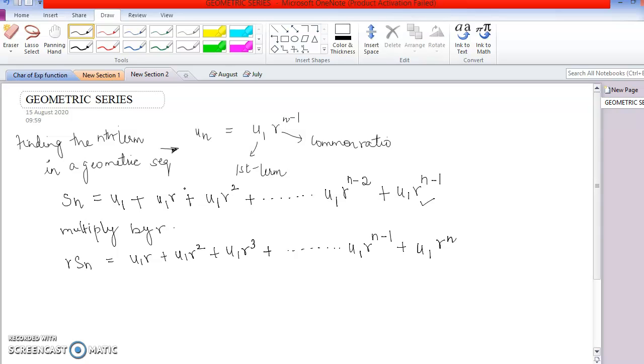Now, these are two equations that I have. This is my first equation and this is my second equation. Now I'm going to use these two equations and see if I can do some manipulation and get my formula.